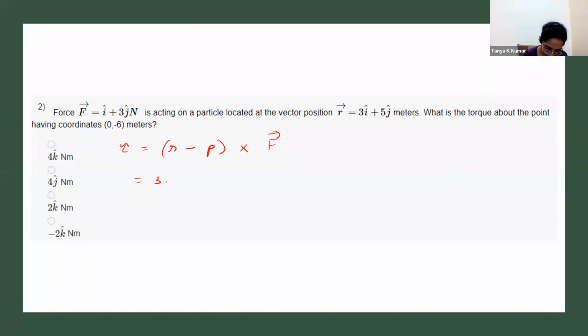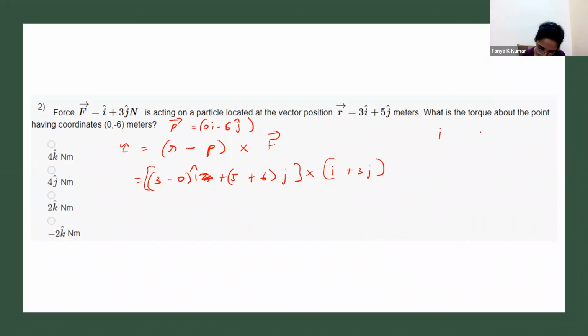So it is 3. Your P vector is 0I minus 6J. So you have 3 minus 0, and 5 minus minus 6, plus 6 J. This is I. And you have cross F is same, I plus 3J.